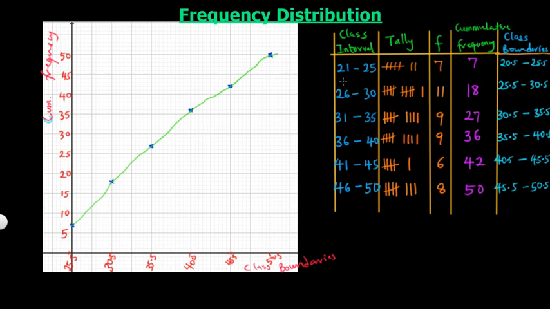Each class interval has the lower class limit and the upper class limit. If you are to determine the class mark or class midpoint of each class interval, you add the lower limit plus the upper limit, you divide it by 2, that will give you the class mark, which is also the class midpoint.